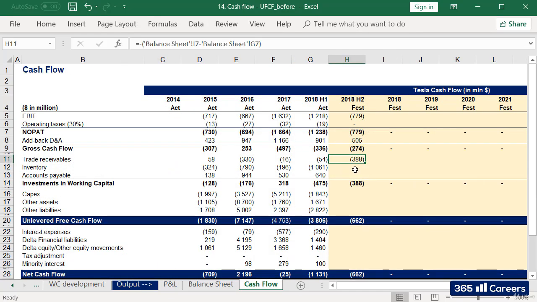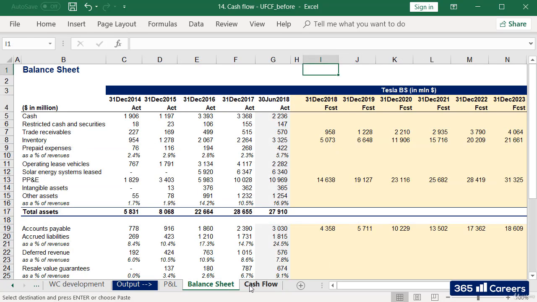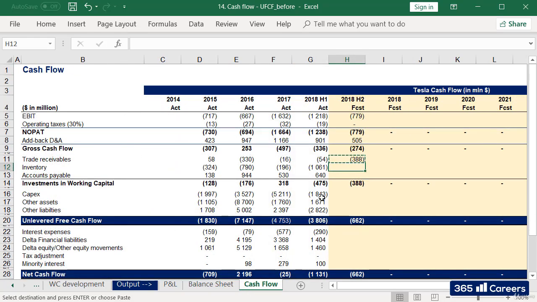Trade receivables increase, and this is why we have a cash outflow, negative cash. Inventory is an asset too, and it is right under trade receivables in the balance sheet. This allows me to simply copy and paste the formula downwards.